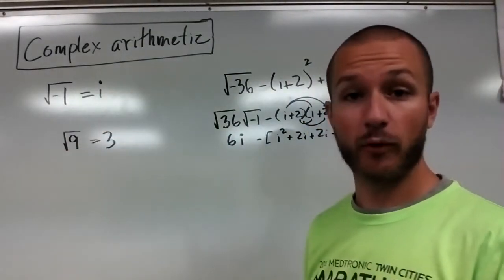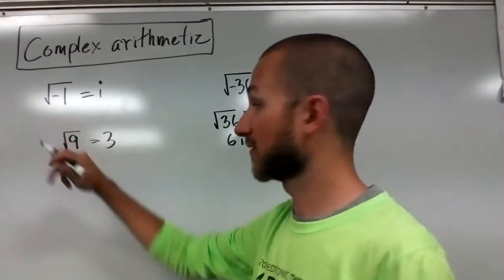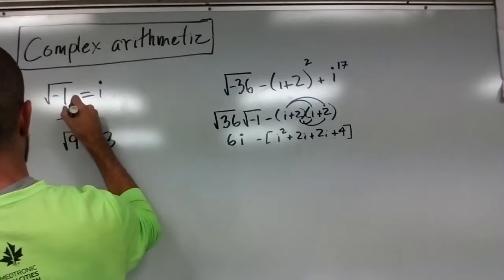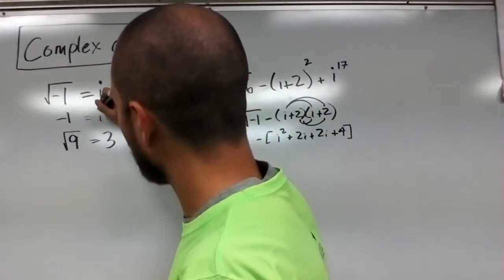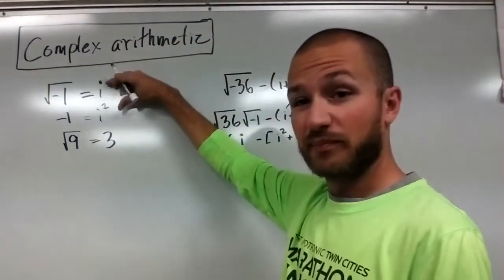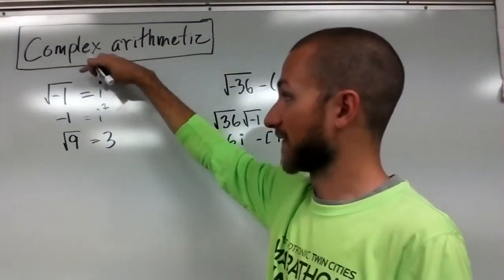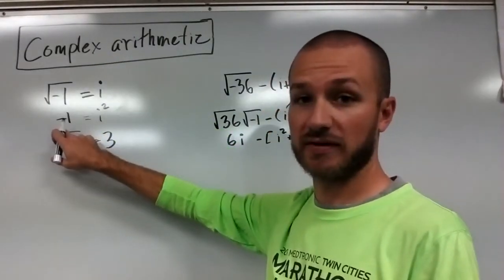If I were to square both sides of that, the square of the square root would cancel out. So we get -1. And then if I square the other side, I get i squared. So there's like 2 main things we get out of this. The square root of -1 is equal to i, and if we have an i squared, it's actually just equal to -1.